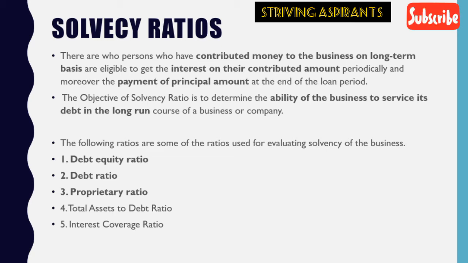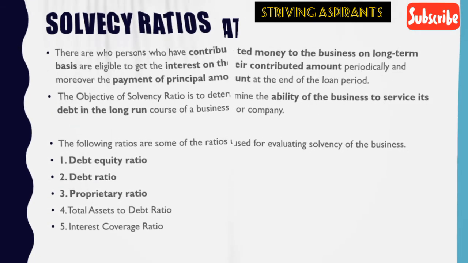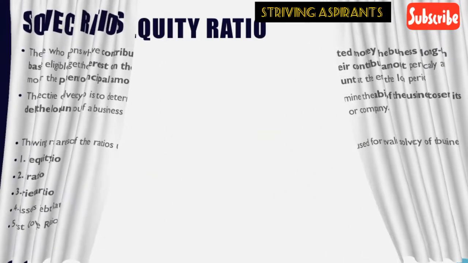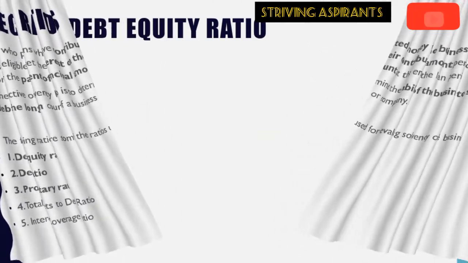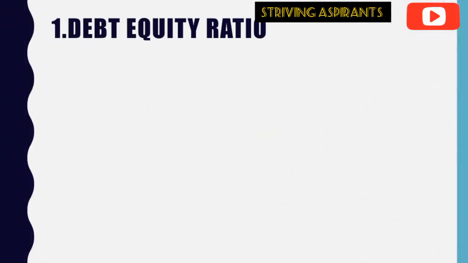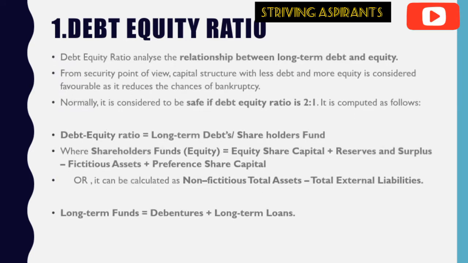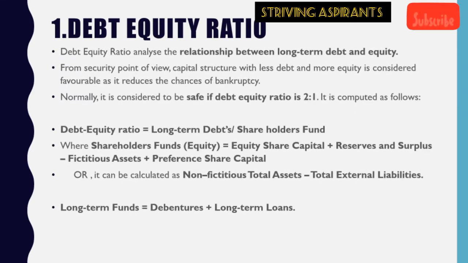This ratio analyzes the relationship between long-term debt and equity. The safe ratio for debt equity ratio is considered to be 2:1. And this is the formula to calculate debt equity ratio: long-term debts divided by shareholders fund.